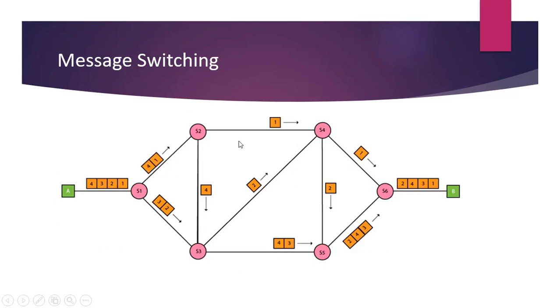Now let us understand with the help of a diagram. Suppose A wants to send some information. So this is the complete information 1, 2, 3, 4. Now it is divided into certain packets and transmitted to the next router. The router holds it and searches for the next free router with the shortest distance available.